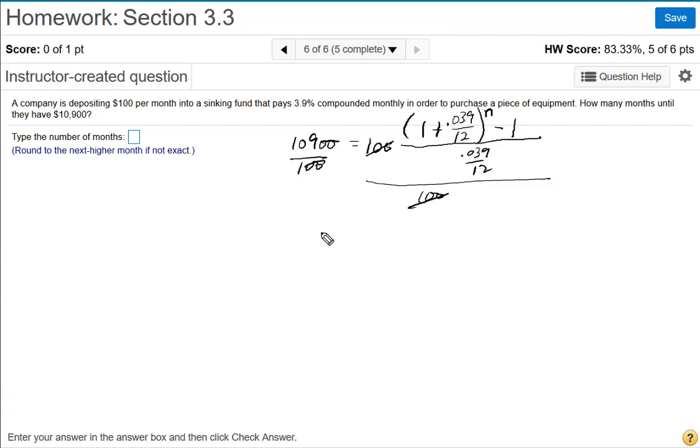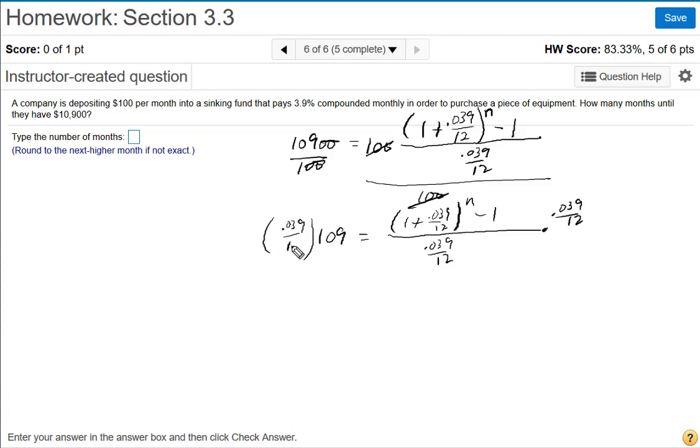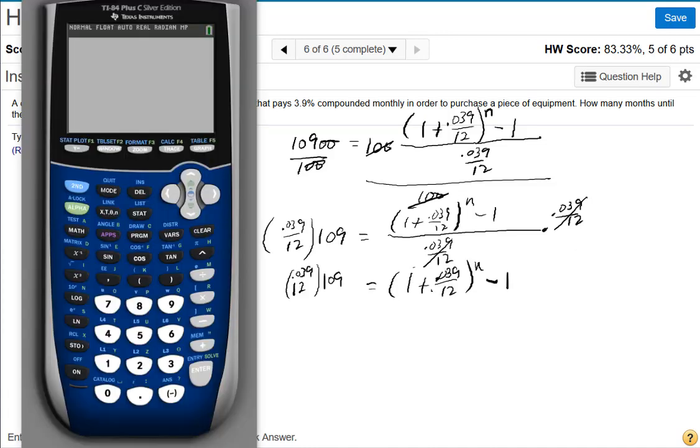This would come out to be 109. We'll multiply both sides by the 0.039 over 12. That will disappear. So then we need to add 1 to both sides in order to get this by itself.